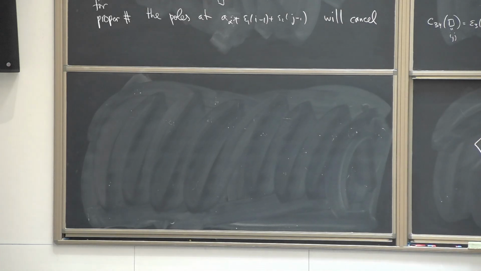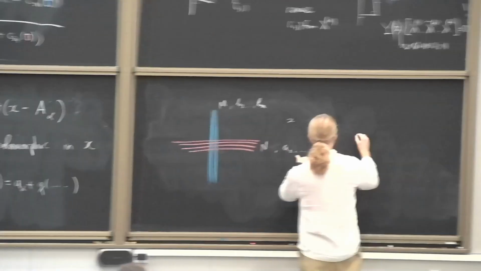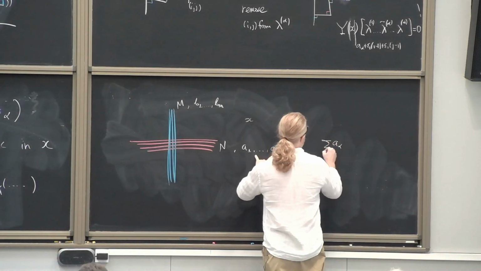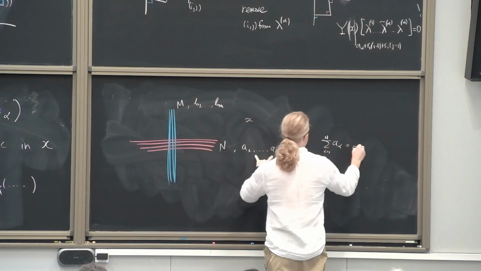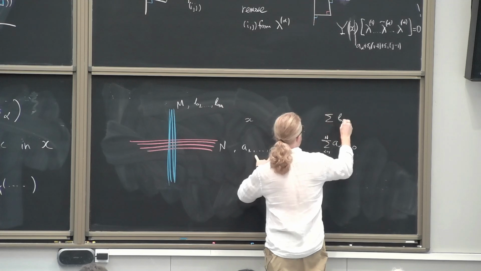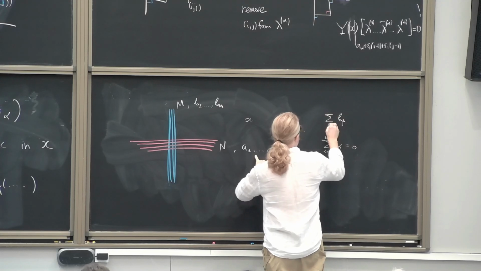There is a slightly redundant redundancy. So we can normalize, for example, the a's so the center of mass is equal to 0, and the b's, the center of mass is 0.